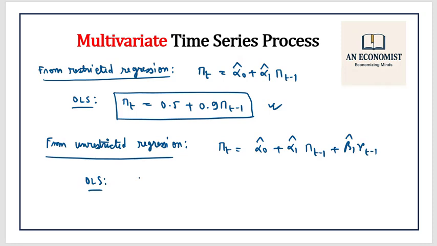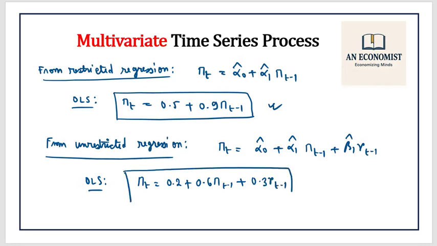So pi t will come out to be, I have done this, 0.2 plus 0.6 pi t minus 1 plus 0.3 rt minus 1. This is based on the sample data that I have shown. You can pause the video, take a screenshot, and then use that sample data to verify this.